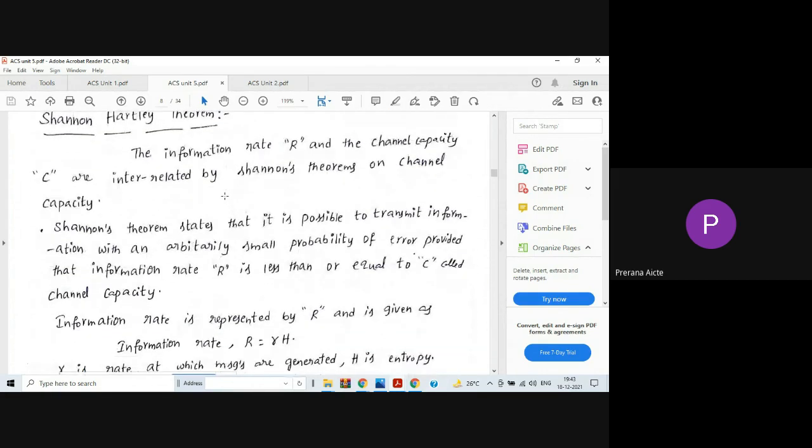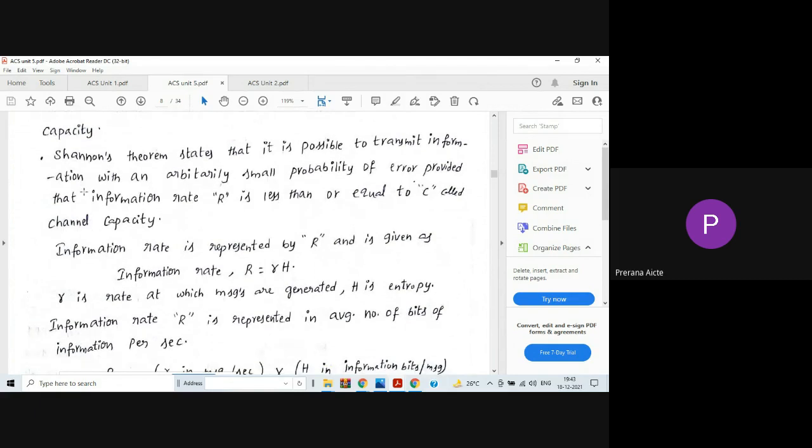The information rate is the rate at which bits are transmitted per second, and the channel capacity is denoted by the letter C. Shannon's theorem states that it is possible to transmit information with a small probability of error, provided that the information rate is less than or equal to the channel capacity, where the information rate is the product of small r into H, where H is entropy and small r is the rate at which messages are generated.